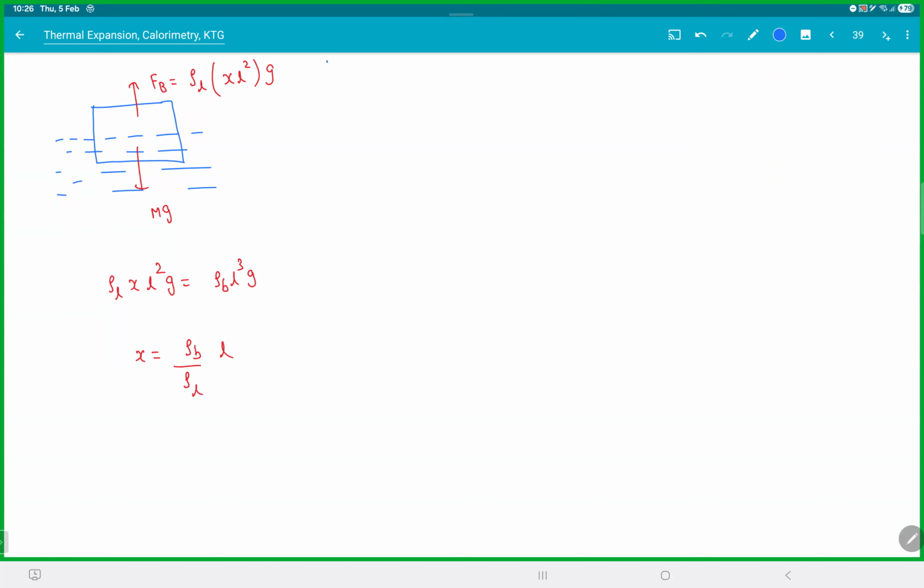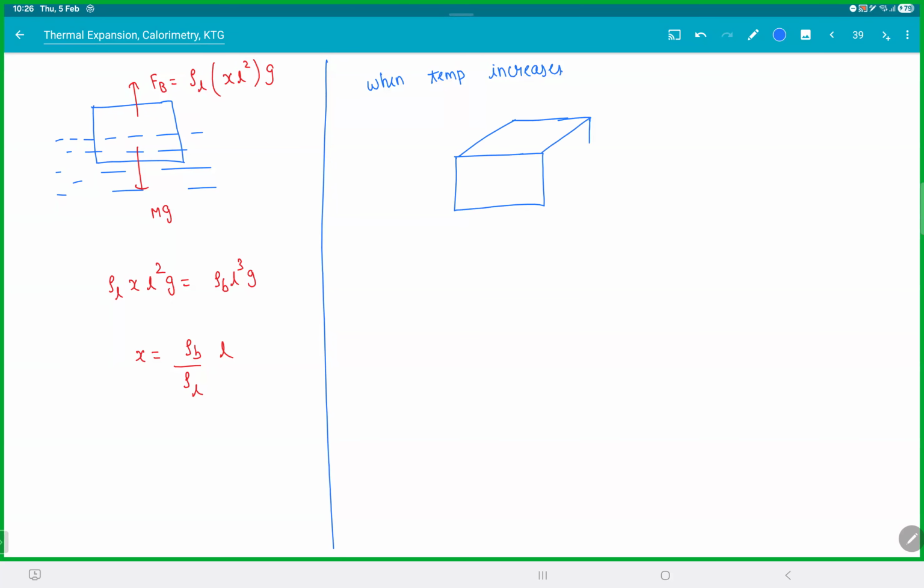Now when the temperature increases, your block now has become bigger. It became L into 1 plus alpha delta T. The size has increased.